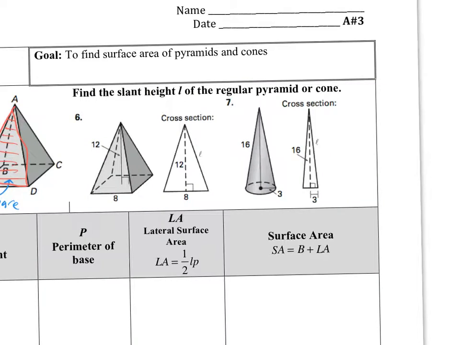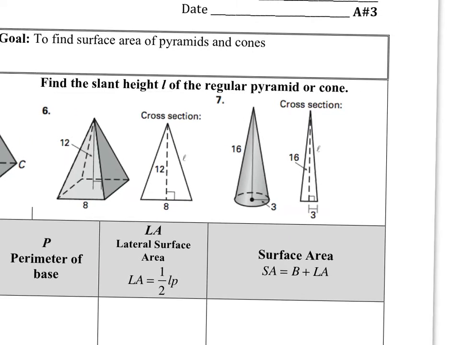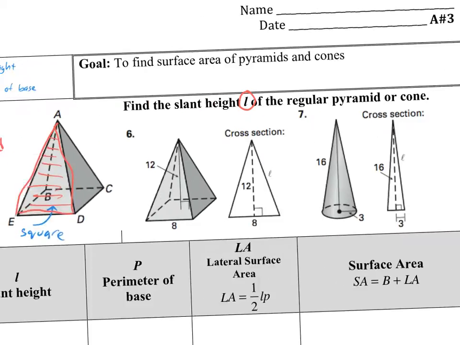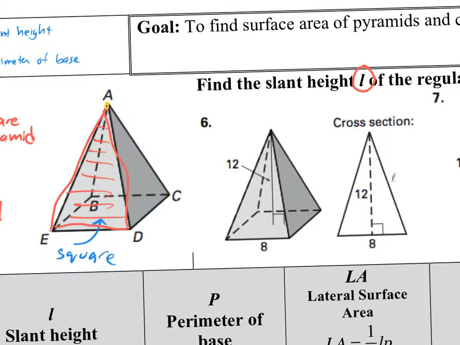A key component to being able to survive surface areas of pyramids and cones is that we need to know something called the slant height. I like to think of the slant height as, let's say I'm standing on the top of the pyramid and I roll a ball down and it goes all the way down to the middle down here. So the slant height is the height of a lateral face.